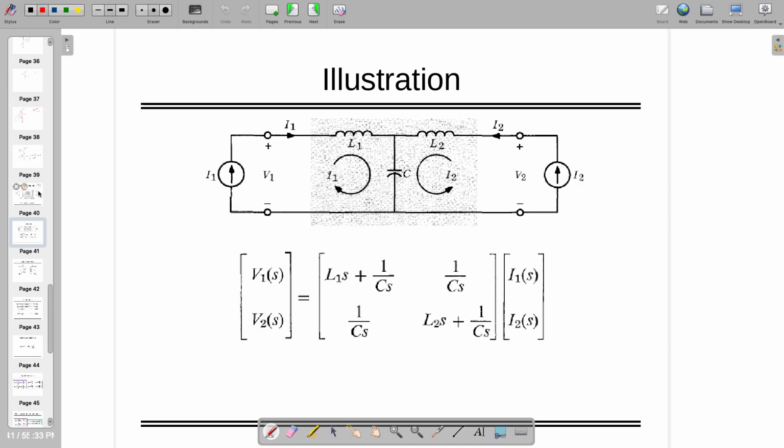Now there is a network which has been given to us.